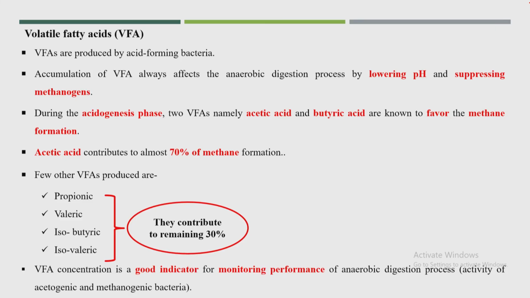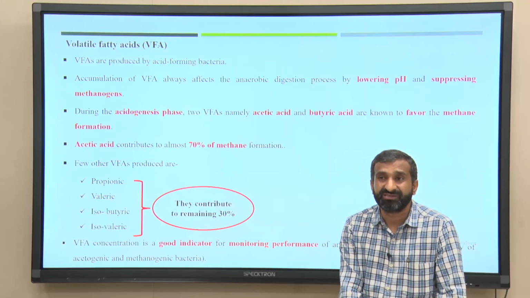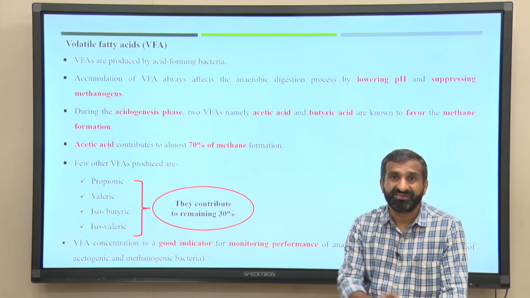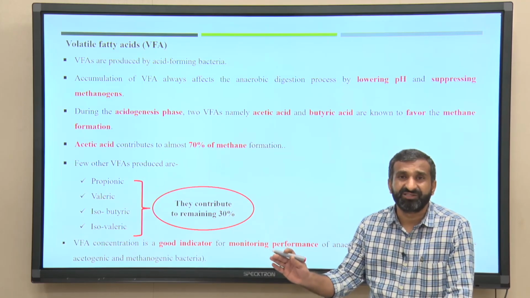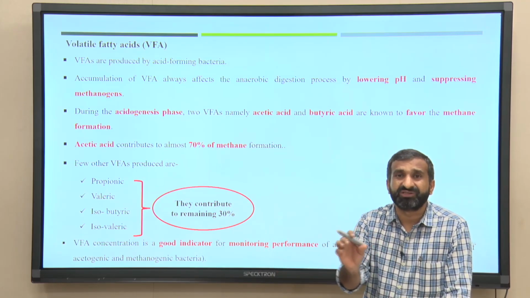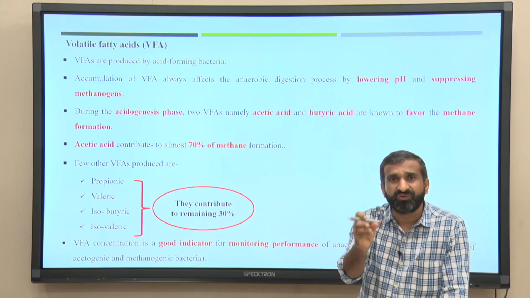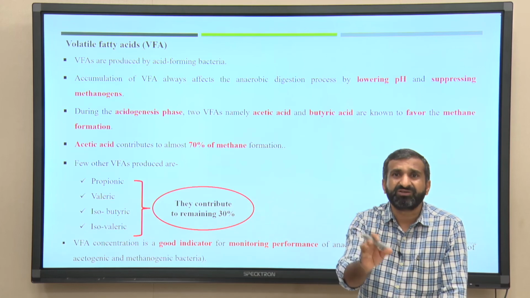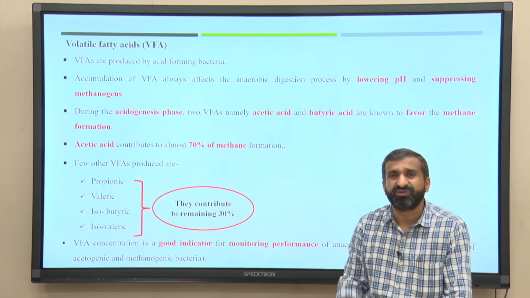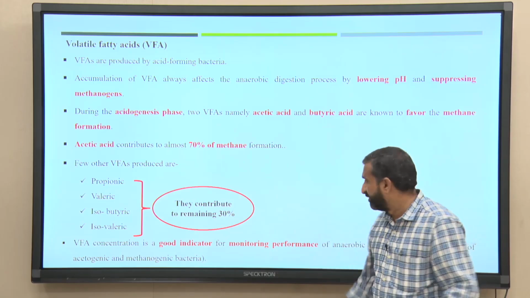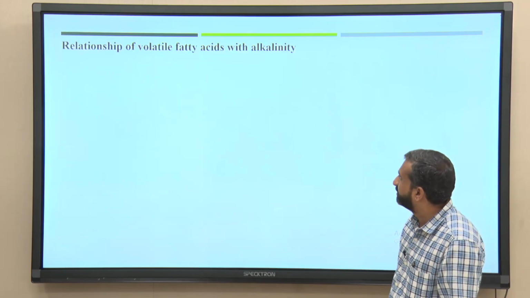When you do laboratory experiments on anaerobic digestion, apart from pH, VFA and COD change, that is the chemical oxygen demand change, there is the measurement of volatile solids. Either we can go for volatile solid measurement or COD measurement, and the VFA measurement is also very important. That is a good monitoring parameter for the anaerobic digestion process.